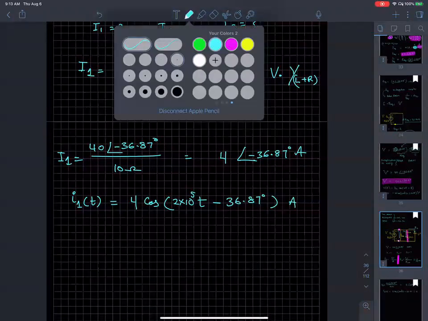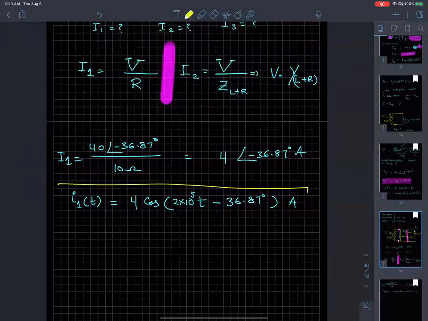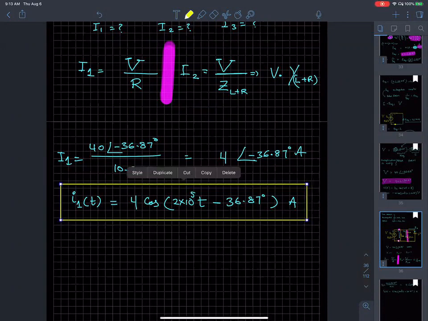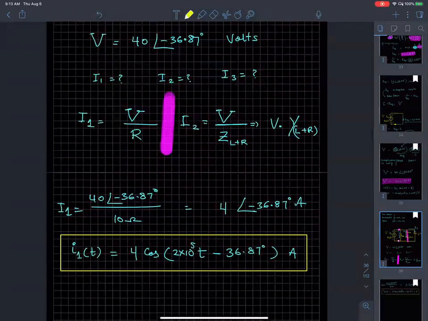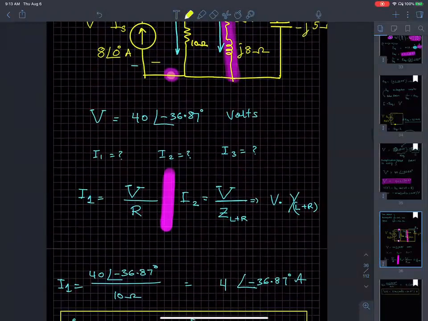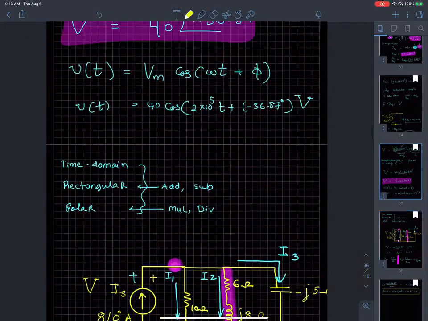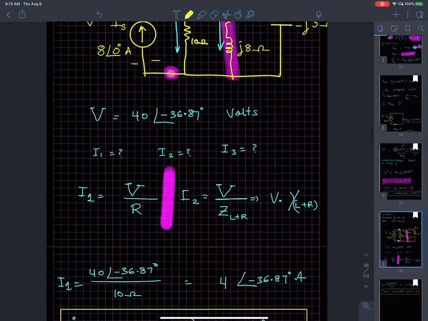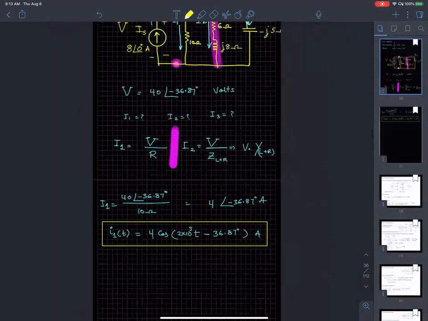This is one of the problems we were asked to find in part 2: the time domain steady state expressions for I1, I2, I3, and V. Fortunately, we found the time domain expression for V. Questions, please. Questions so far.